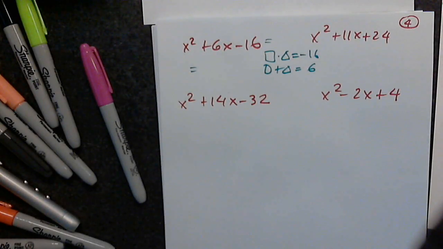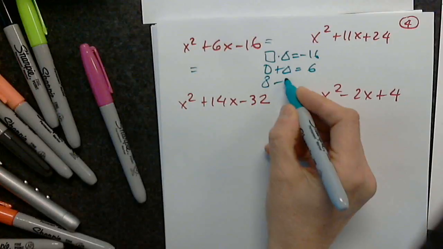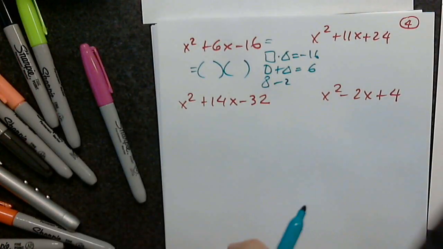Which of these will give me a difference of 6 when I subtract them? So it's 8 and negative 2. So then what is the factor form?